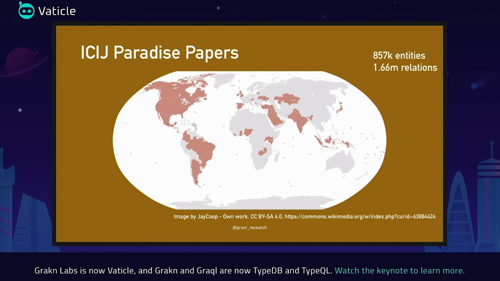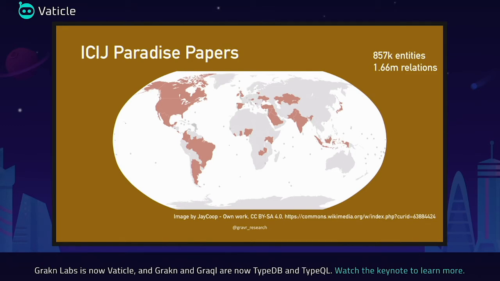We're using one of these, the Paradise Papers, published a few years ago, based on leaks from a legal firm, Appleby, and some business registries in different tax jurisdictions in 2017. This is just an example to illustrate some of the power of TypeDB and of this tool, and the idea is, as mentioned, that it could be applicable much more broadly.